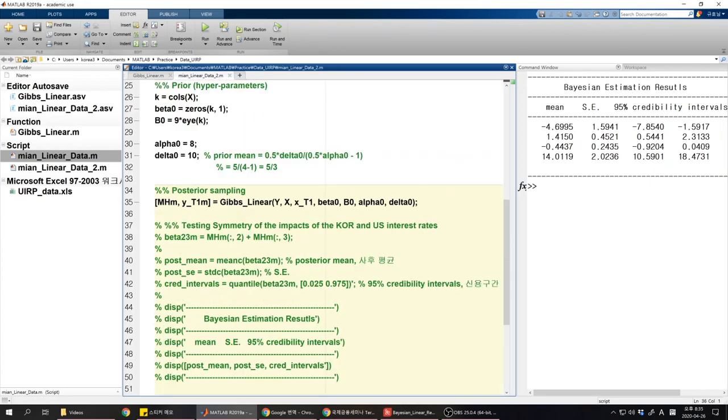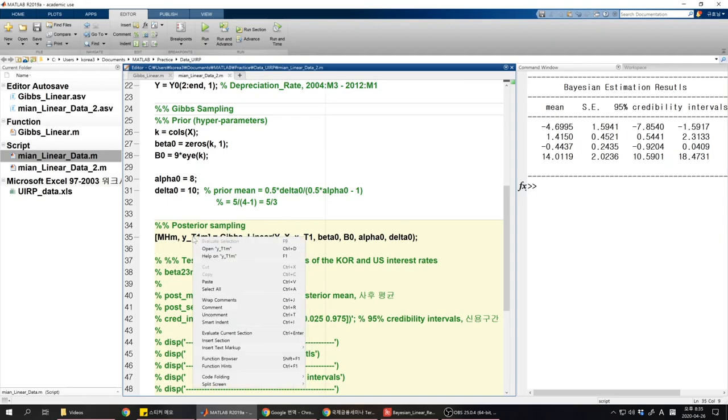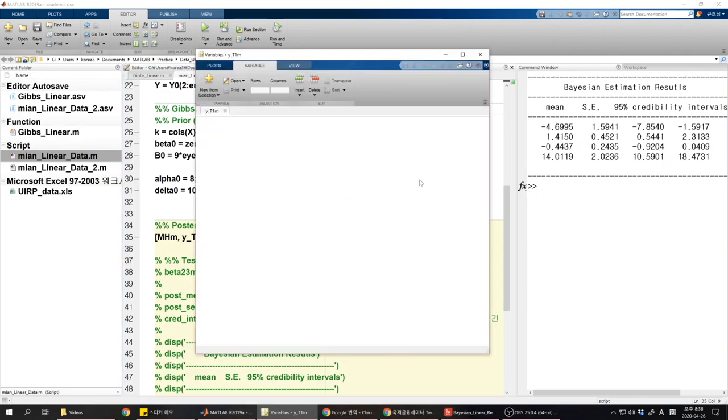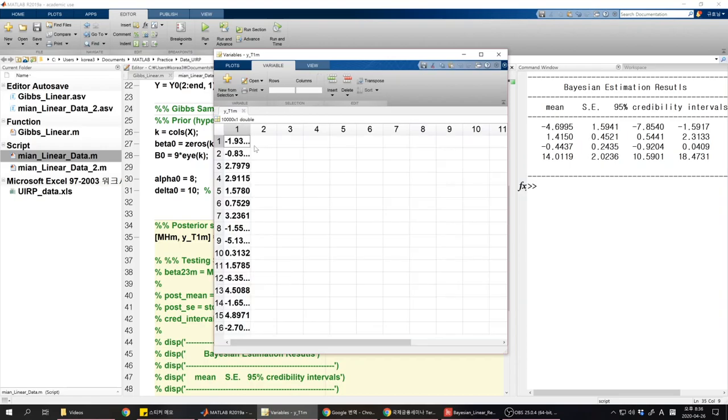Okay, so then let's take a look at the posterior predictive samples. Right-click with your mouse and open y_cap_t1m. Then you will have this window here and the values are coming up. Just wait for a second.